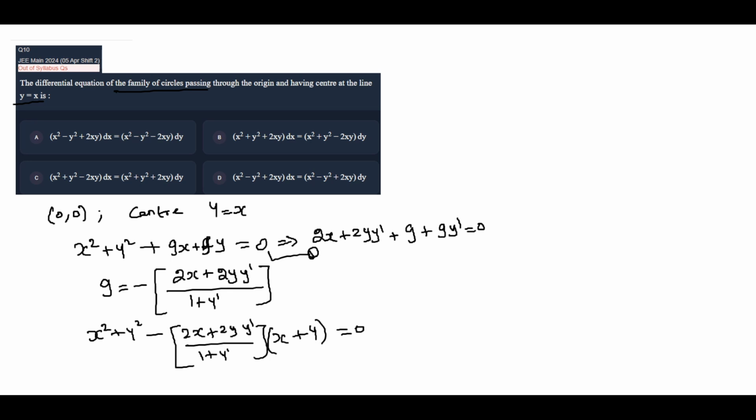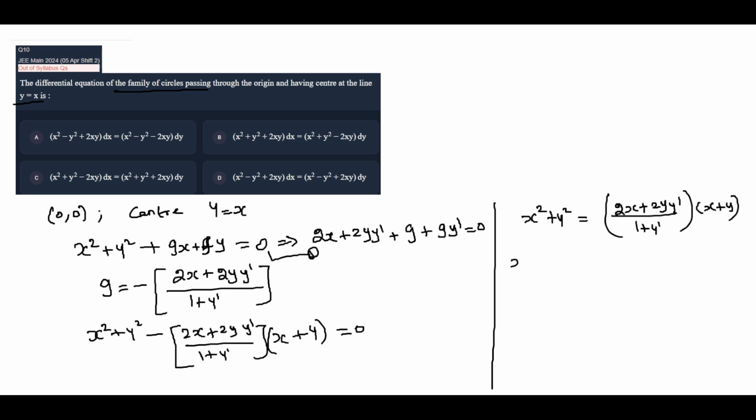So x square plus y square equals 2x plus 2y y dash by 1 plus y dash into x plus y. So x square plus y square into 1 plus y dash equals 2x plus 2y y dash into x plus y.